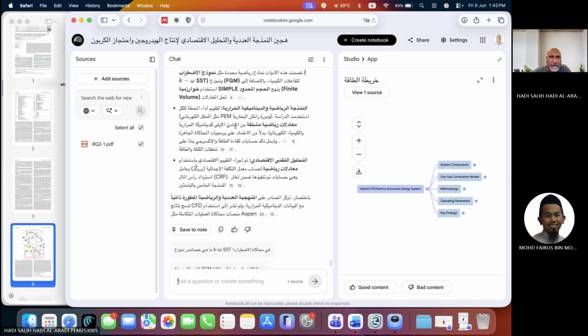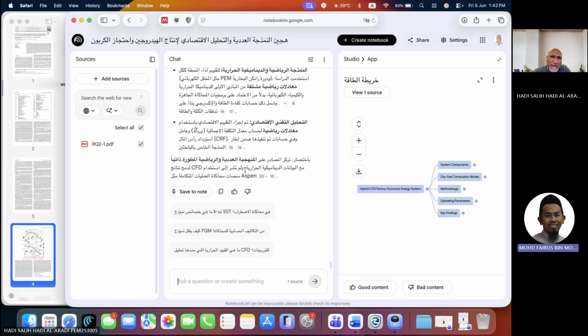Yeah, but it's quite interesting because in terms of the scope of the plant, this one is quite large, but still it has CFD in it. I think CFD is only employed for a specific reactor, not for all. You mean the combustion chamber, right? Maybe this paper only employs CFD in a certain reactor, which can be the combustion chamber, but not the whole plant.